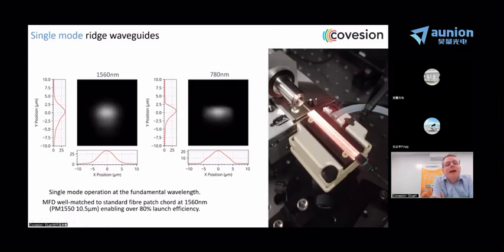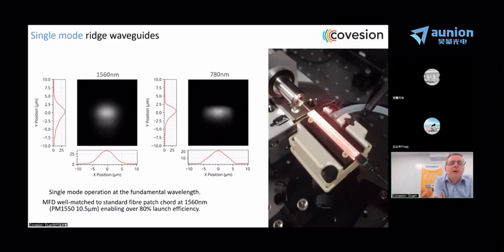So as I was saying, images on the left-hand side here show the mode field output at 1560 and 780 nanometers. For the 1560 nanometer light, you can see that we've got a mode field diameter of around about 10 microns. And this has been intentionally designed into the waveguide.